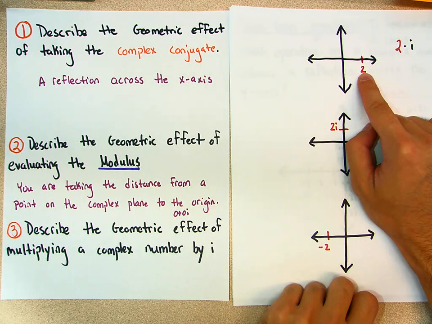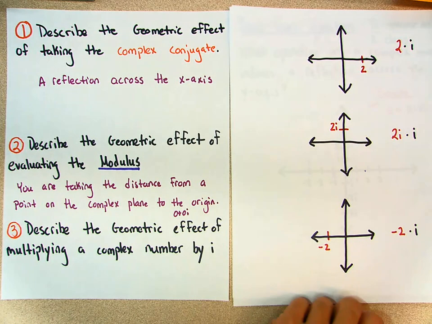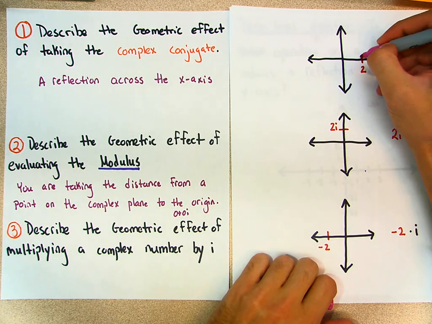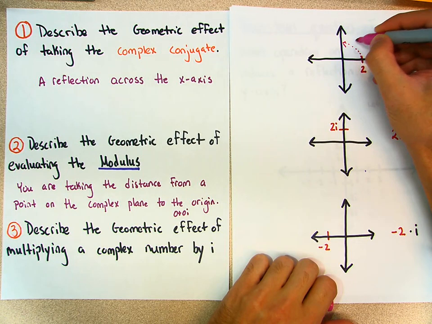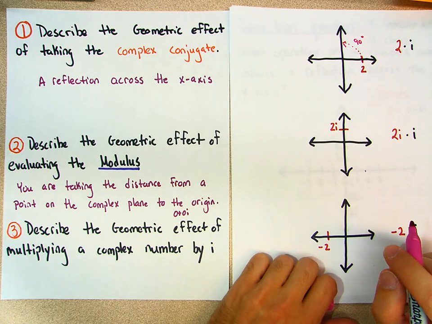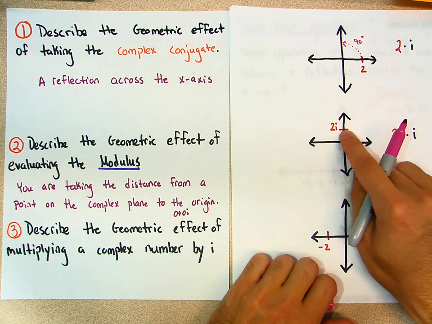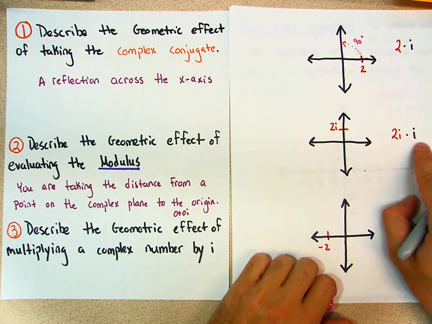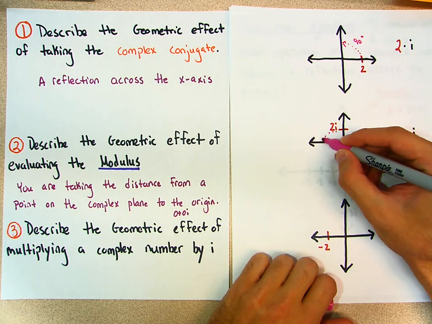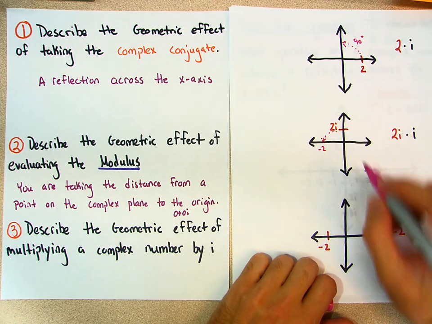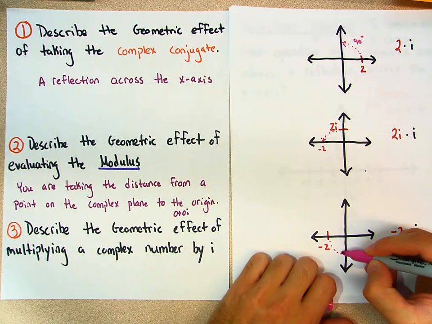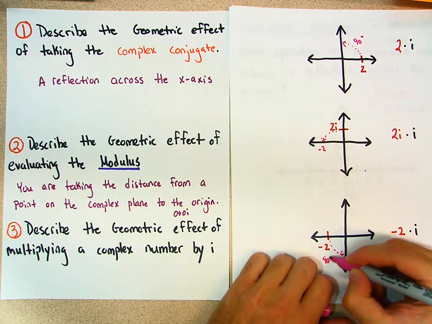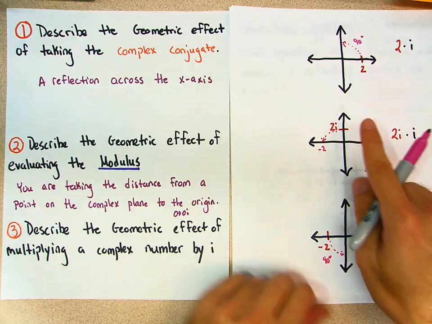What happens when you do 2 times i? We showed it before, there is this 90-degree rotation, right? And now if I'm at 2, you see I go from 2 to 2i. If I do 2i times i, where do I go? Now I'm at minus 2. And then I could just keep doing this, right? This is a 90-degree rotation every time we multiply by i.